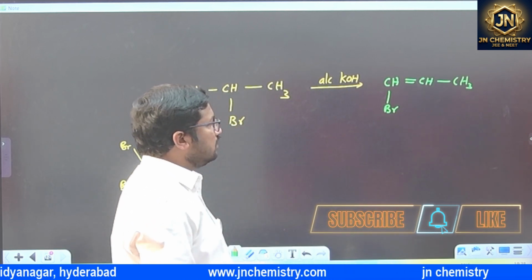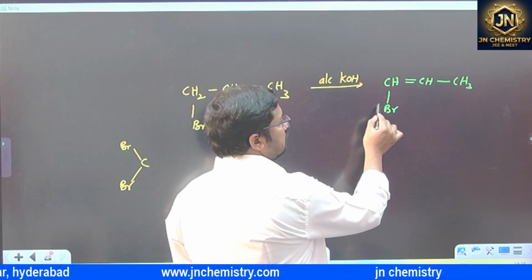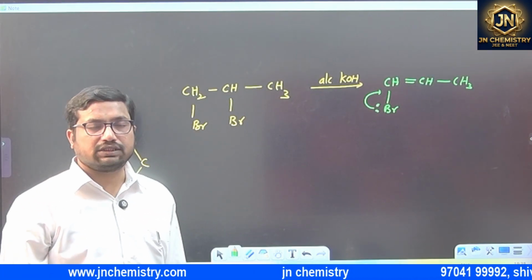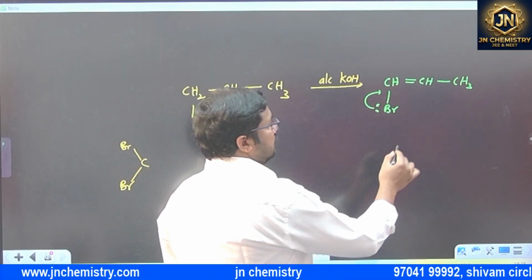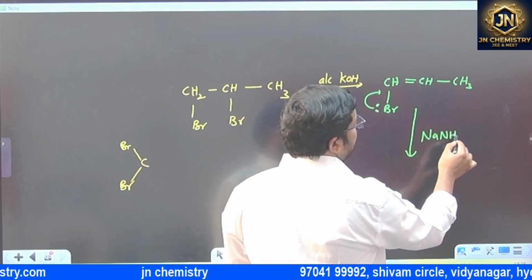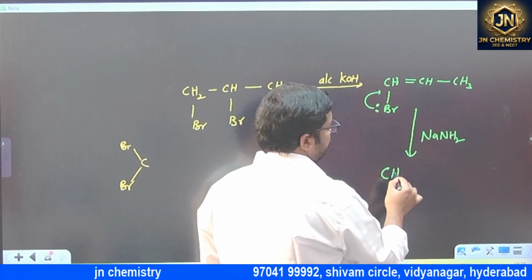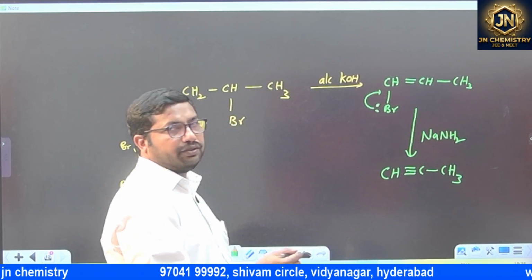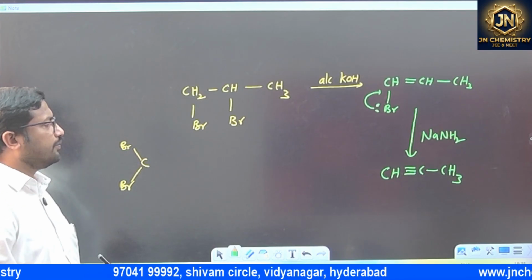So in this case, vinyl bromide has resonance. The alcoholic KOH strength is not sufficient, so that's the reason we use NaNH2. This is a strong dehydrohalogenating agent, so we get the triple bond like this. Otherwise, we can directly use NaNH2 strongly.